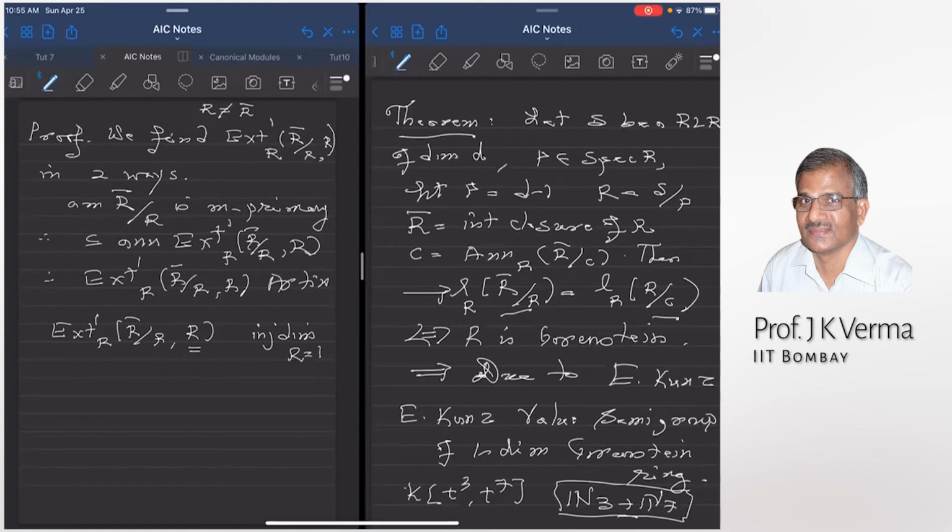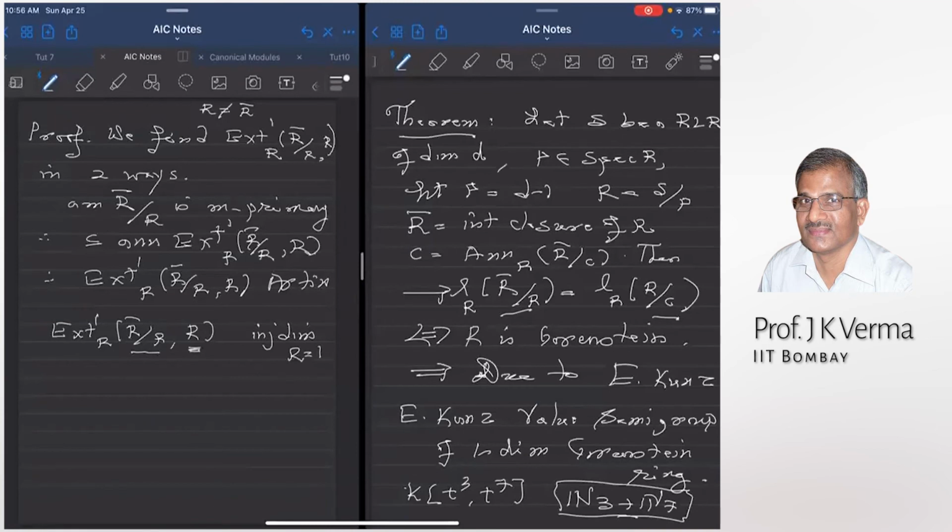So I can take an injective resolution of R, which has length 1, and apply Hom from R bar over R to calculate this Ext. Or the other way around is to look at some exact sequence relating R and R bar, and of course we know this exact sequence. So we will calculate this in two different ways.